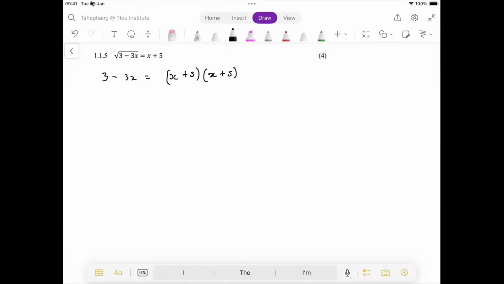Do not be tempted to bring the 2 in. 3 minus 3x is equal to x squared plus 10x plus 25. Clean it up. x squared plus 13x plus 22 is equal to 0.